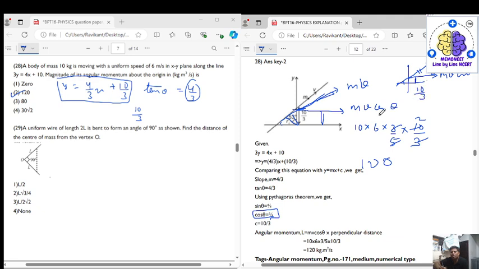Using the formula for angular momentum, L equals mv cos theta into R. Putting the values, we get our angular momentum as 120 kg meter square per second. That is option 2.